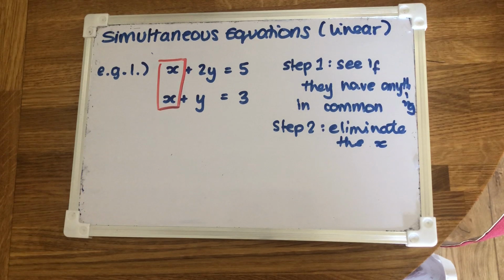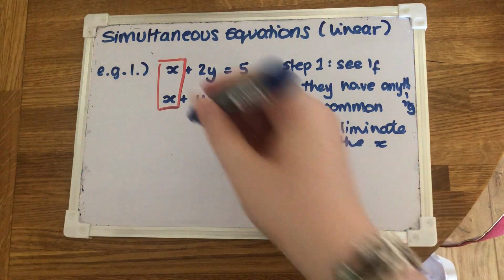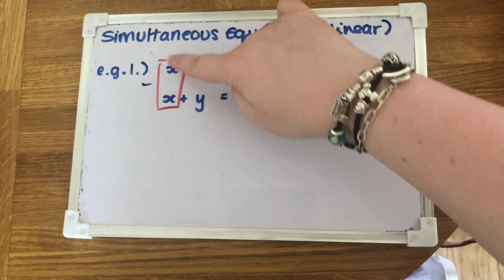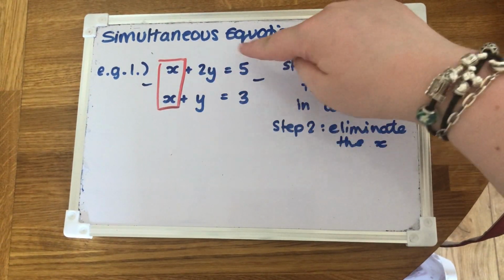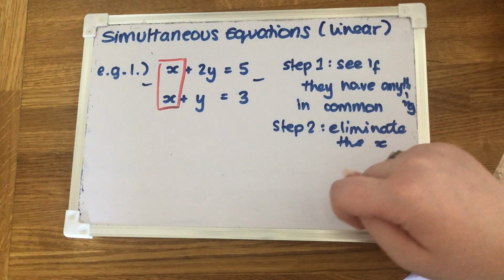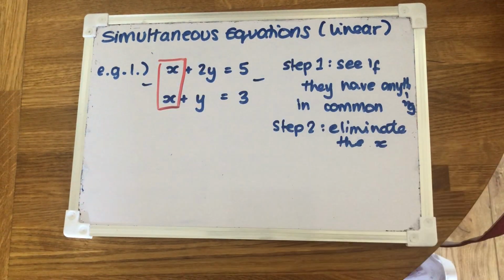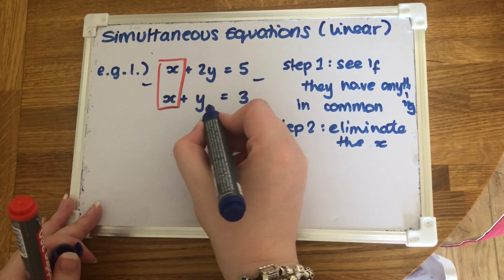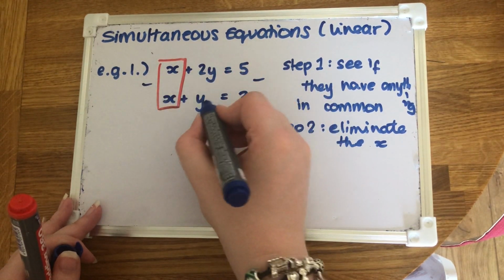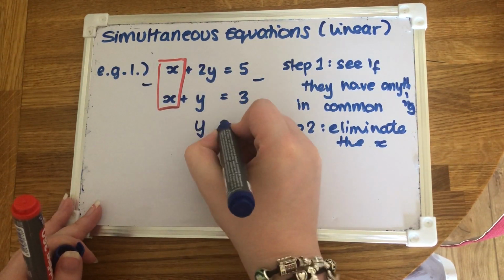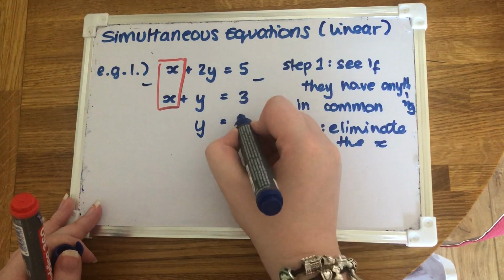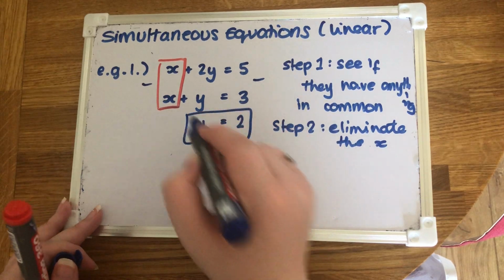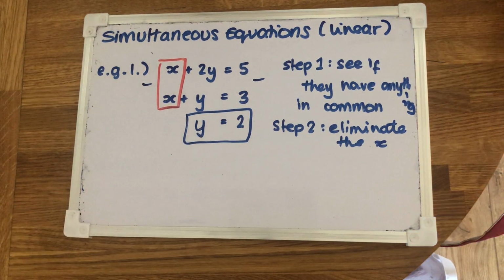Okay, so by doing that, if we subtracted the equations away from each other, so we're going to do the x take away x, 2y take away y, and the 5 take away 3, we're going to end up having no x's here, which is what we want. Okay, so x take away x is nothing, 2y take away y is 1y, and 5 take away 3 is 2. Okay, now straight away we now know what y is.